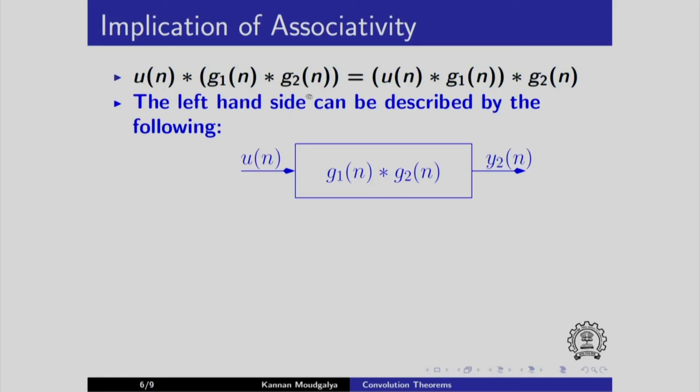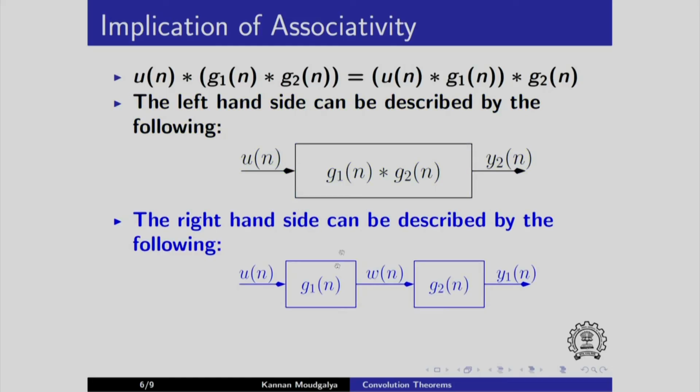The left hand side can be illustrated by this picture, where you give this input u of n. Inside the system you have g1 convolved with g2, and this u of n has to be convolved with this whole thing, and you get this y2 of n. Whereas the right hand side means this. First you do the convolution of u of n and g1 of n, you call this w of n, and that becomes the input to g2 of n, and you evaluate this, you get y1 of n.